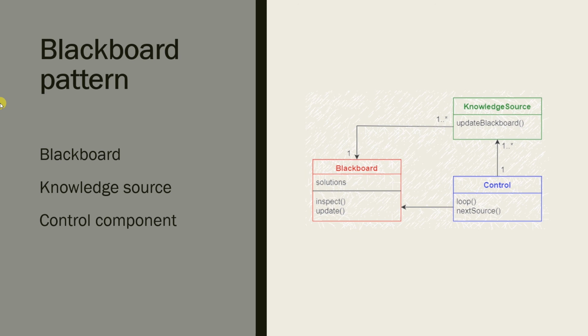The Blackboard, a structured global memory containing objects from the solution space. The second one is the knowledge source, which are specialized modules with their own representations. The third one is the control component that selects, configures, and executes modules.